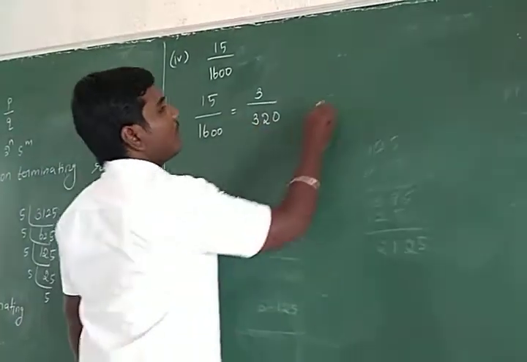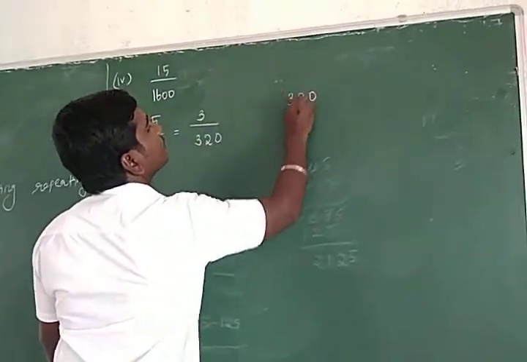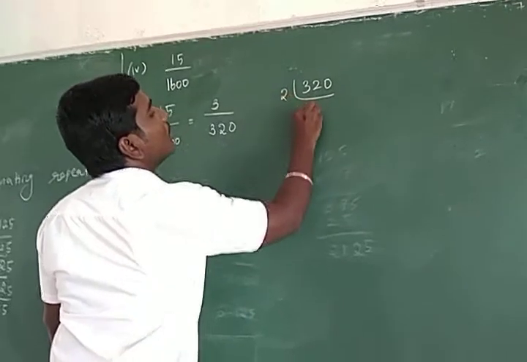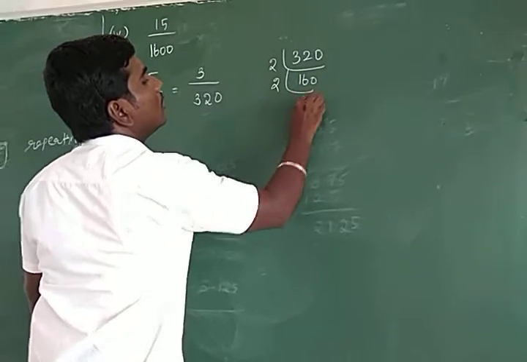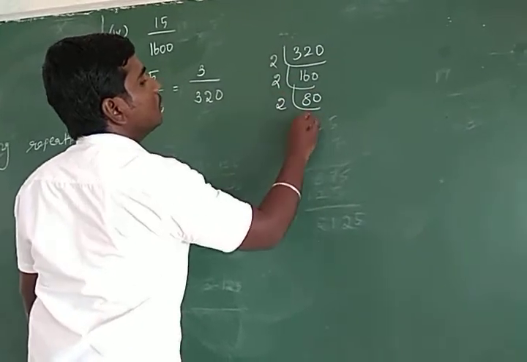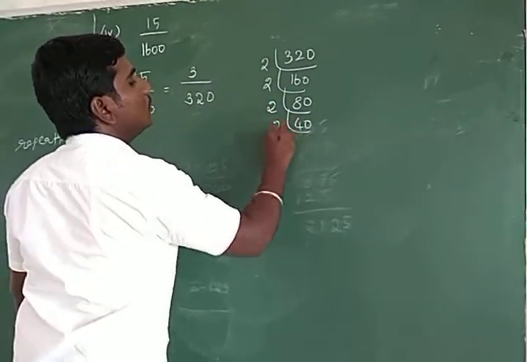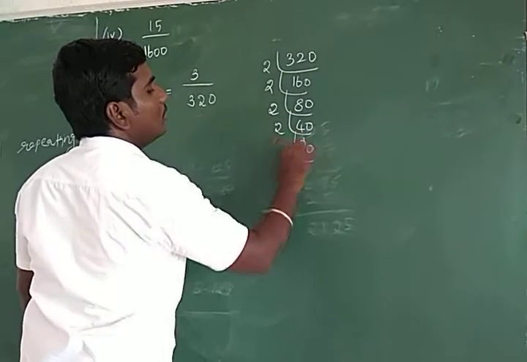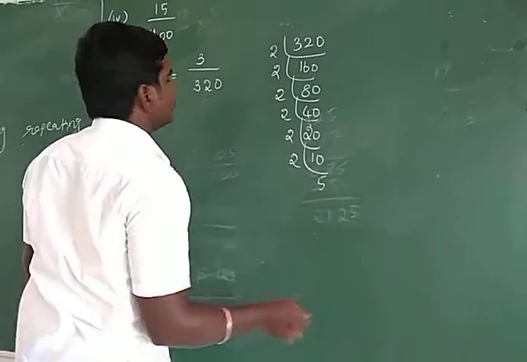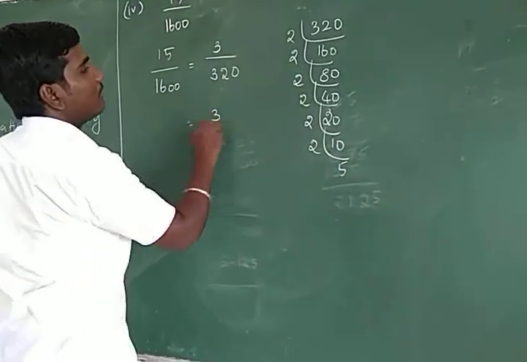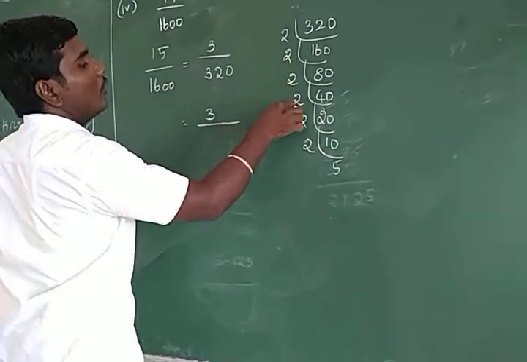Next, find the prime factors of 320: divide by 2 to get 160, then 80, 40, 20, 10, 5.